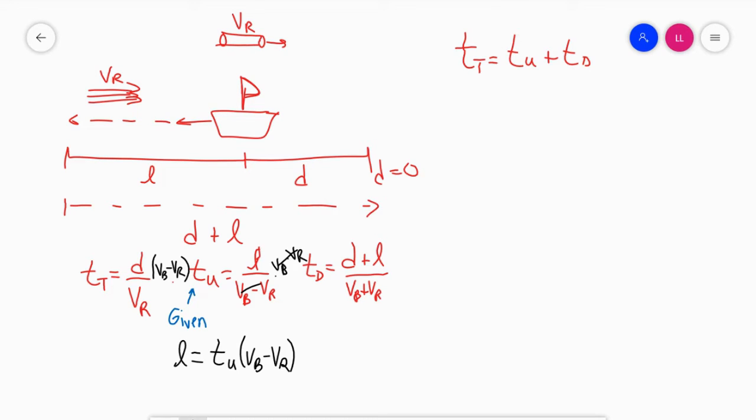I'm going to plug in all my equations. So I have distance over velocity of the river equal to the upstream time, which is given to you, plus d plus L over VB plus VR. Now this just turns into an algebra problem.